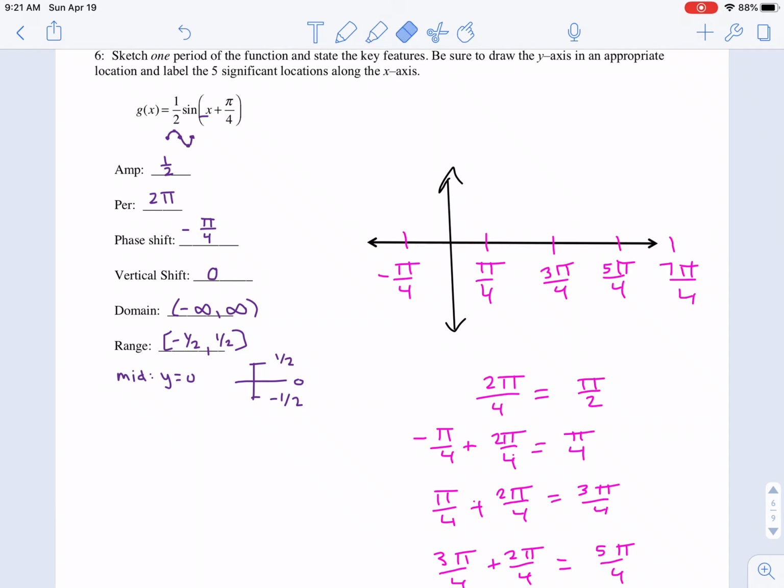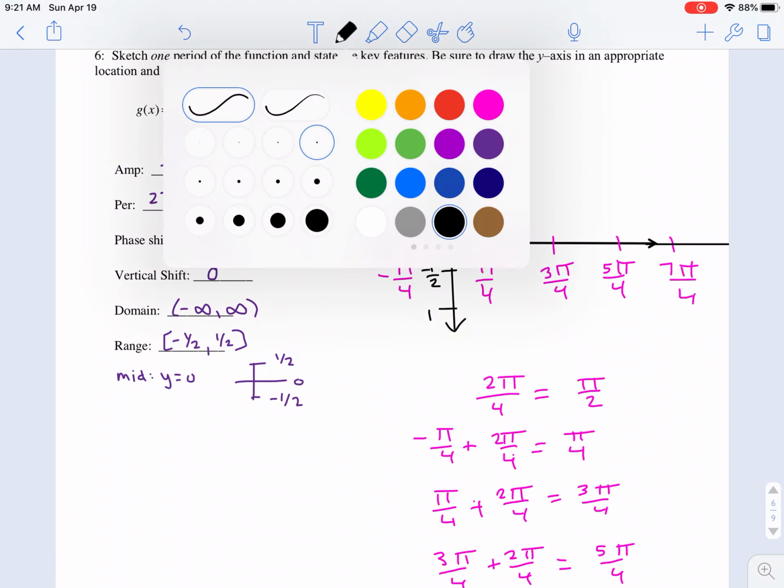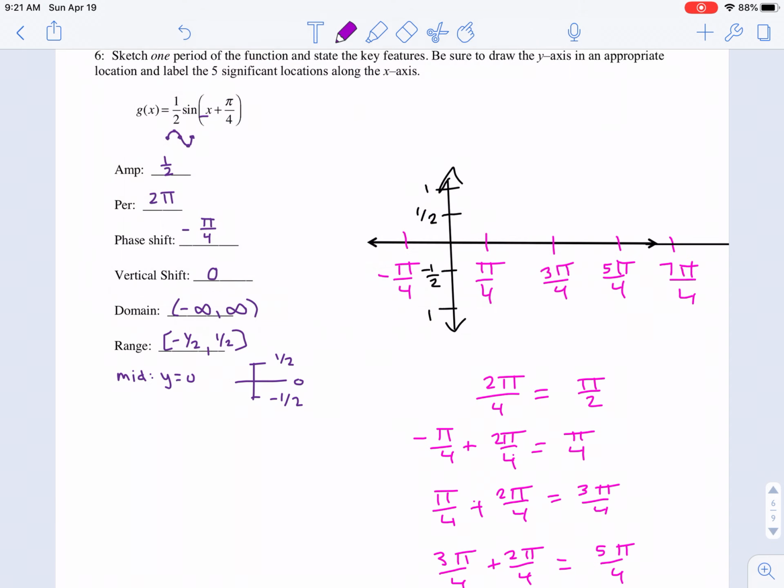So what I'm going to do now is I am going to draw in my amplitude. So keeping in mind that I might go up 1/2 and then to 1, down 1/2, down to 1. And I am going to draw in that shape. So I'm going to start on the midline.